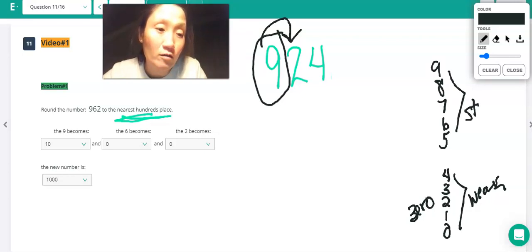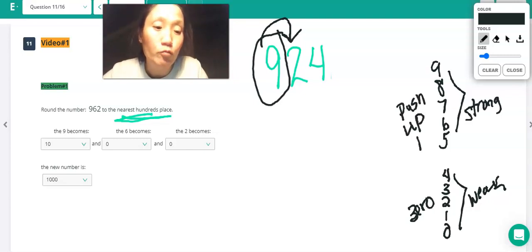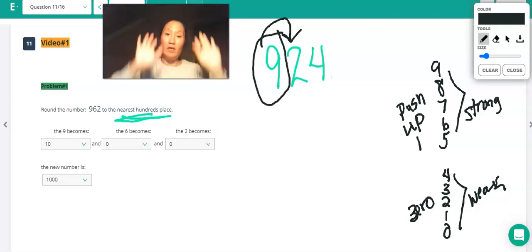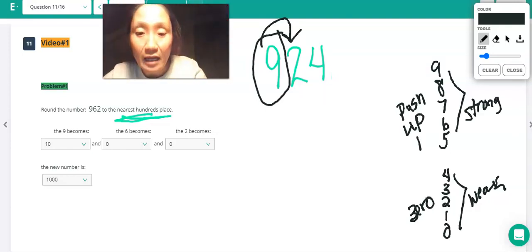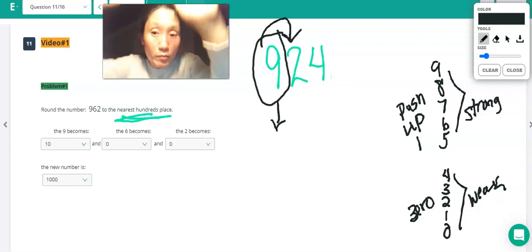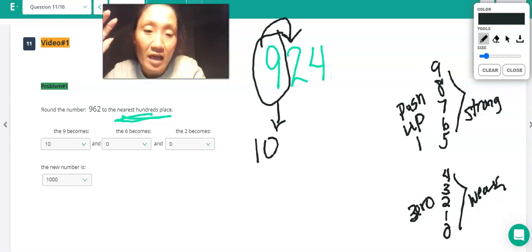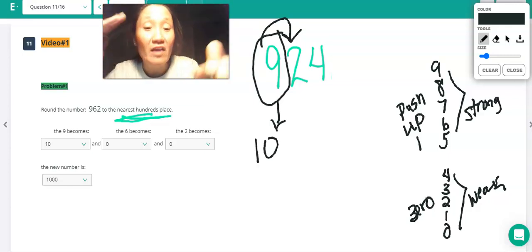This is strong. So they can push the number up 1 level, become 1 bigger. So this 9 will then become 1 bigger. It'll become 10.